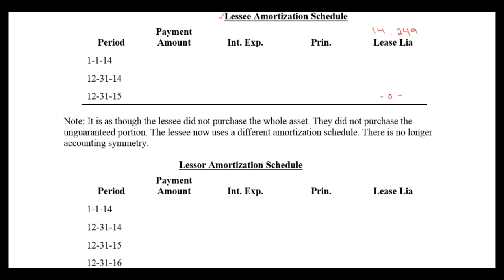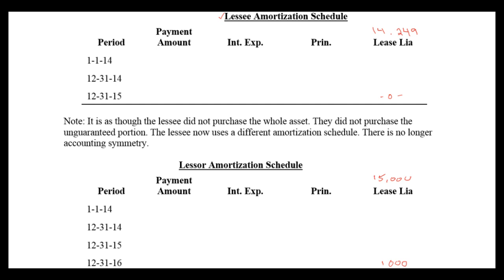And we're going to have an amortization schedule for the lessor that starts with $15,000, and there is going to be $1,000 left on the bottom of their amortization schedule, even though the residual is not guaranteed.